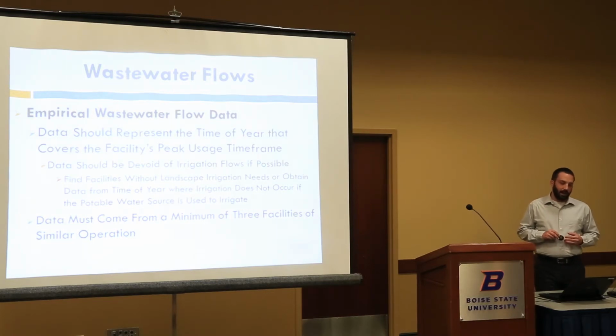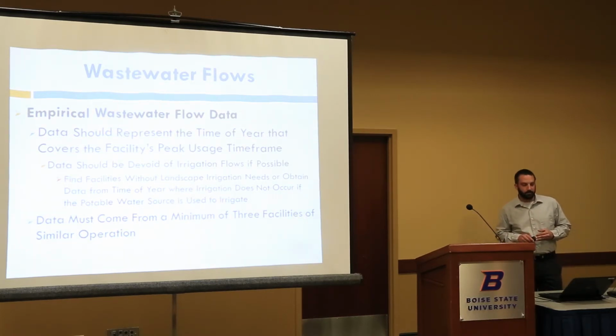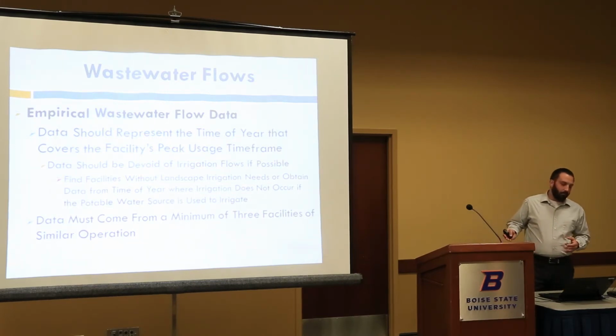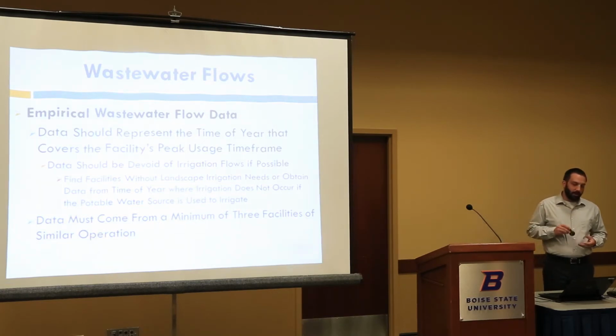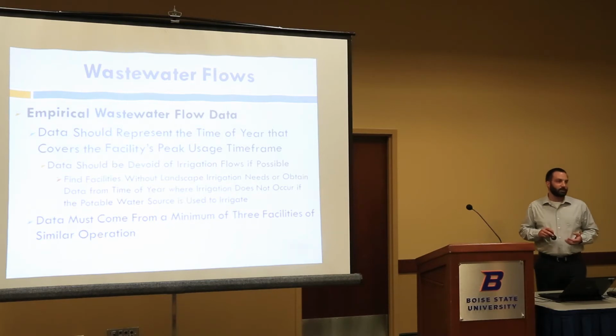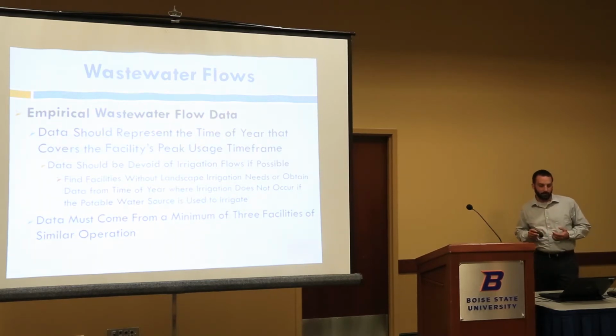So you've got to look at times of year when that irrigation isn't being utilized, November through February. Or try to find a facility where maybe they've got a dedicated irrigation line for that property. So keep that in mind when you go get data. Otherwise, you can incredibly inflate your projections if you're using irrigation flows.